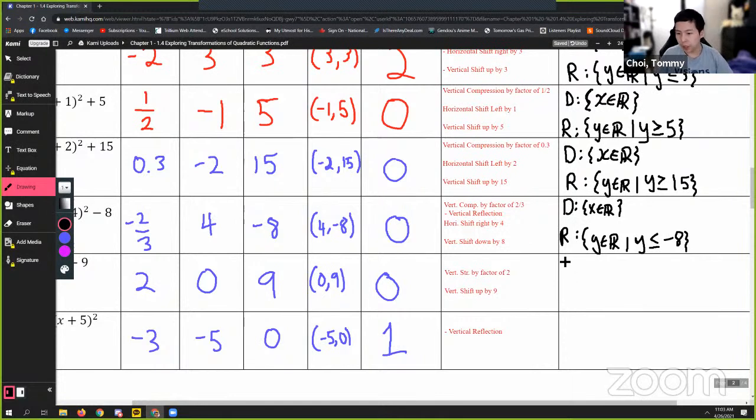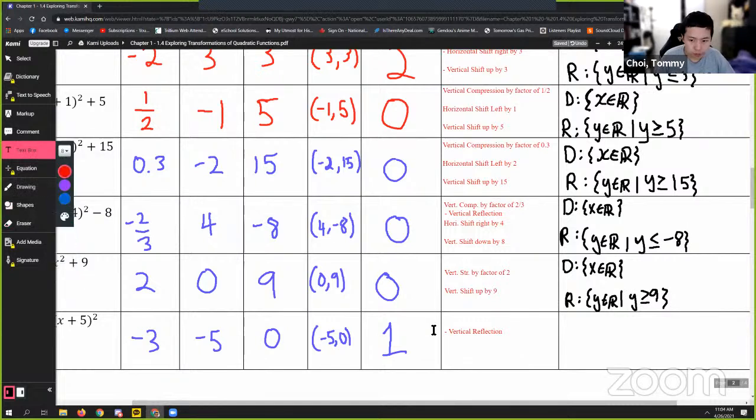Then you write your domain and range. x ∈ ℝ and the range y ∈ ℝ such that, positive, so y is greater than or equal to 9. And there's our range. Our last one here.